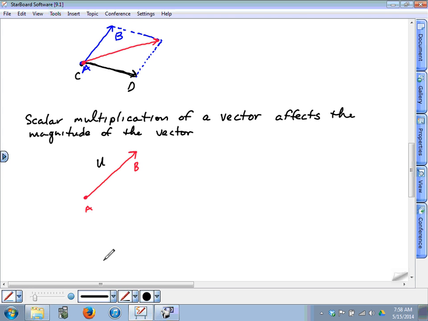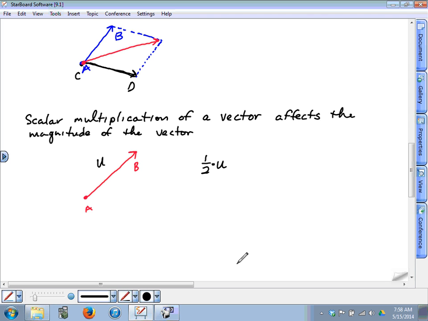If I want to now draw the vector 1/2 U, what do you think that's going to do? It's going to be half the length. What's going to stay the same though? The direction. So as best you can, it doesn't have to be perfect because we don't have compasses here, but try to draw a vector in the same direction, but only half the length.